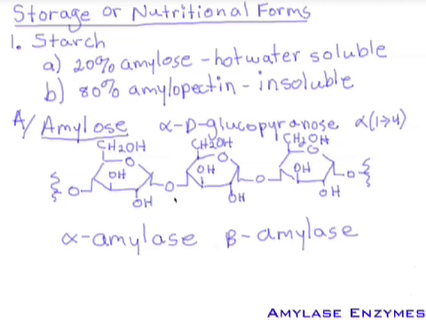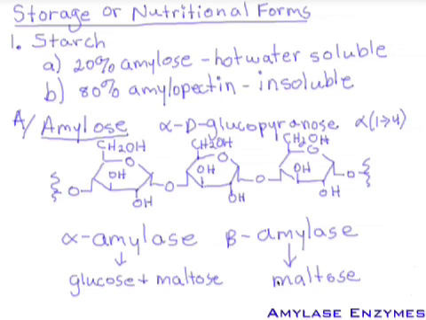Amylase cleaves alpha 1,4 linkages. Alpha amylase cleaves the linkage and generates a mixture of glucose and maltose. So alpha amylase gives you a mixture of glucose plus maltose. Beta amylase cleaves alpha 1,4 linkages, but it gives maltose only.